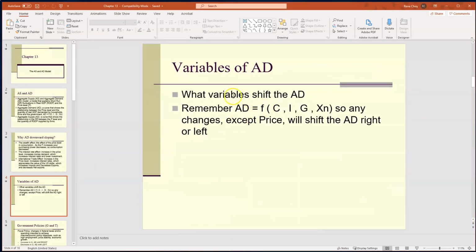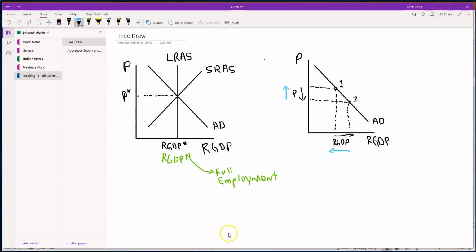Now, if you look at the variables for aggregate demand, in economic models the variables are things that create a shift on the line. Things outside of prices and real GDP are the things that create shifts, like autonomous consumption, investment, government spending, and net exports. The variables are things that make the line shift right or left. Remember, a shift is a movement of the entire line.